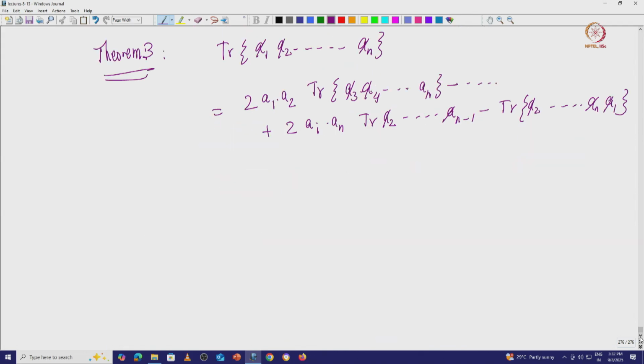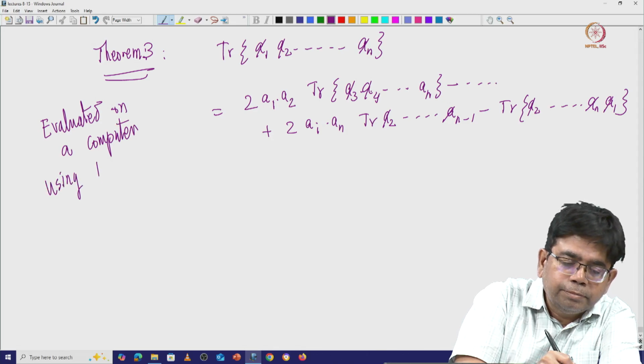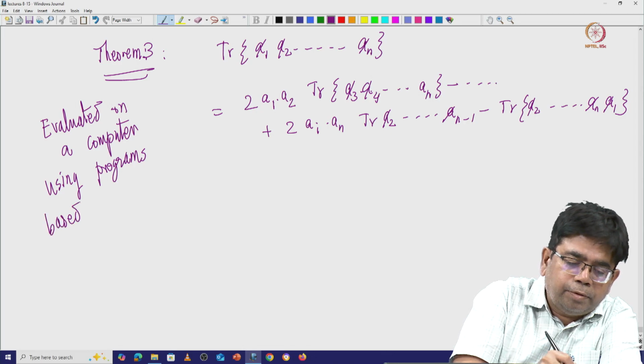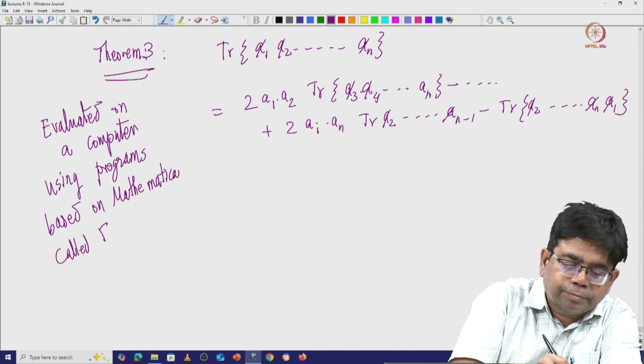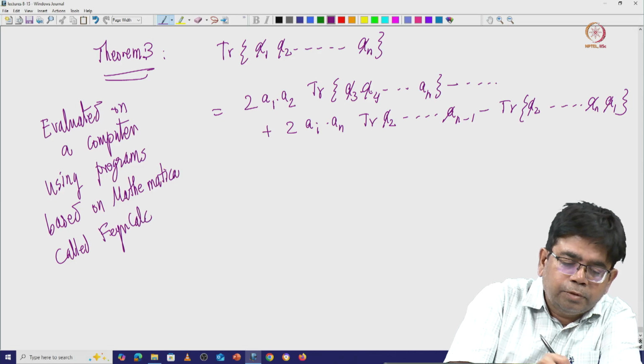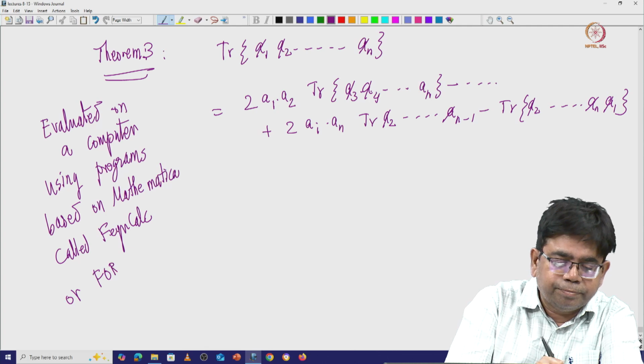Nowadays most of the trace formulas are evaluated on a computer, using programs based on Mathematica called FeynCalc, or based on symbolic manipulation called FORM.